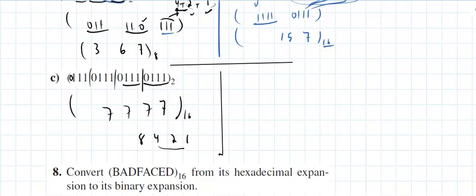If I want to do what they want me to do, initially they wanted me to do this in octal. Well, I need to break them into 3s. 1, 1, 1, 0, 1, 1, 1, 0, 1, 1, 1, 0. And again, if they're not 3, then you could add a 0 to make it a 3.